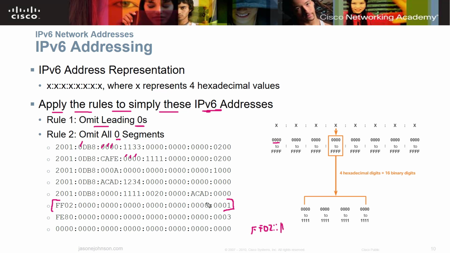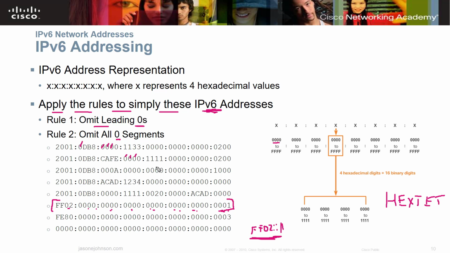Now, I know based upon V6 addressing rules that I have to have 1, 2, 3, 4, 5, 6, 7, 8 hextets. Let me see if I can spell this out for you. Hextet. I think I'm spelling that right. So I know based on the rules that I have 2 hextets showing, so I have 6 more, 1, 2, 3, 4, 5, 6 of zeros in there because I have the colon colon.